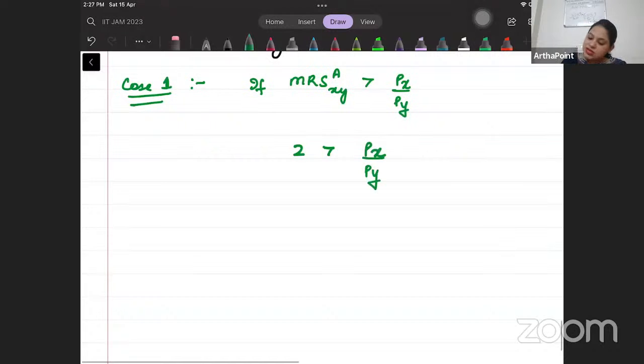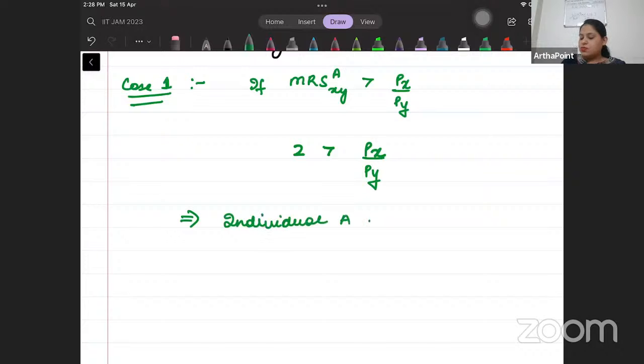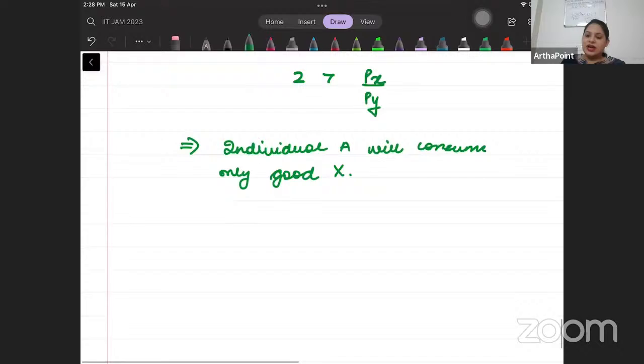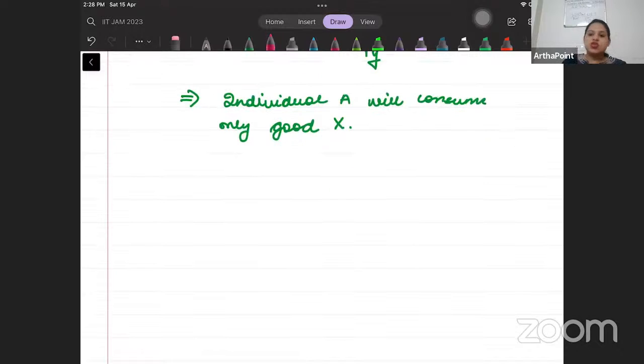This implies that whenever MRS is greater than the price ratio, you consume only good X. So individual A will consume only good X. Okay. Now, if individual A is consuming only good X, how much X can he consume?